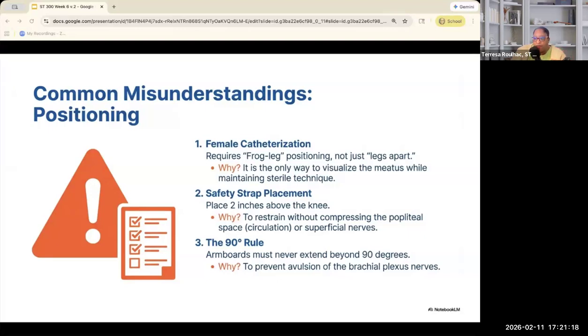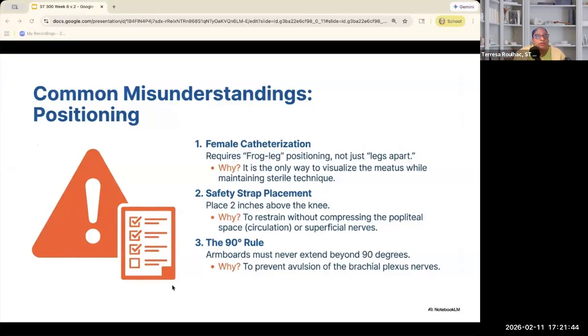Here we go. All right, here's an example. We're going to look at female catheterization. That requires the patient to be in frog leg positioning. So, not just legs apart, we actually put them in a frog position. Their safety straps have to be placed about 2 inches above the knee, not directly over a joint, right?